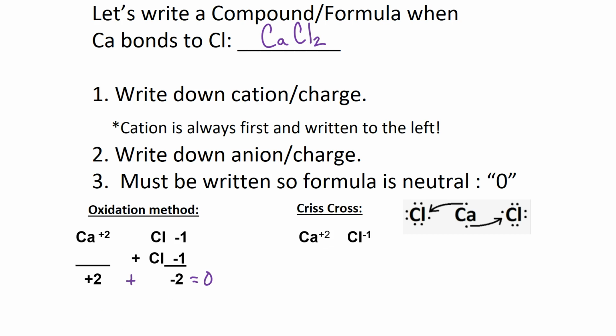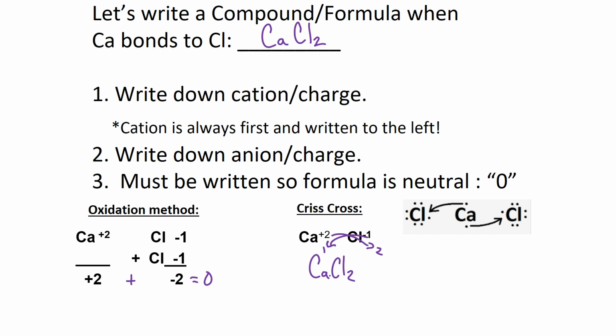Crisscross method: bring the 2 here, I bring the 1 here, and so I get CaCl2. And that little dot shouldn't be there, I just set my pen down on the screen.